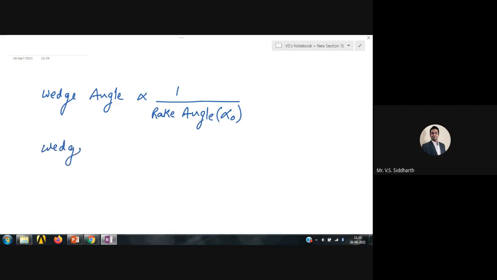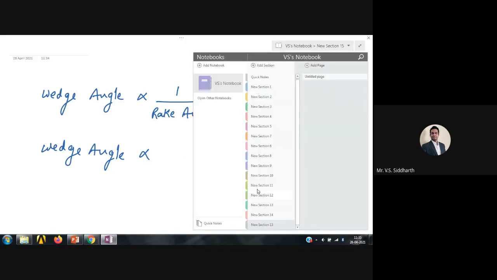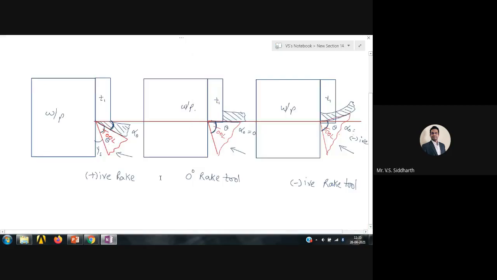The wedge angle is directly proportional to the strength of the tool. See this diagram. Here the thickness of the tool is so less. Here it is somewhat more. Here it is very, very high. The red portion is all tool.